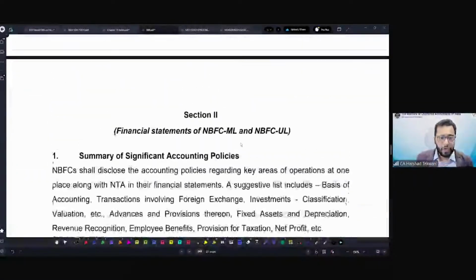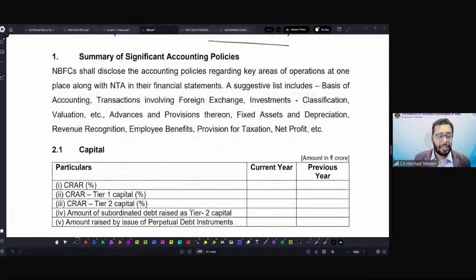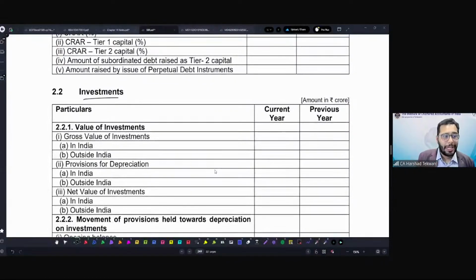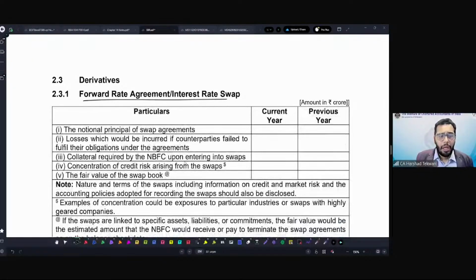Yeah, so this is specific reporting to middle layer and upper layer, not to the base layer. So this reporting is not there, like capital reporting, tier 1, tier 2 capital adequacy ratio reporting, investment reportings, okay, derivatives reporting. And how it is actually reported, I'll show you.